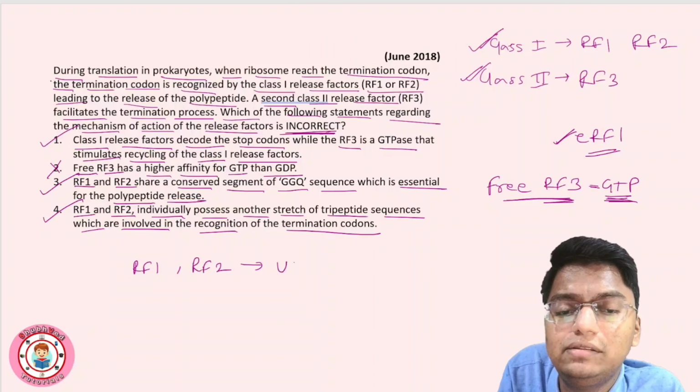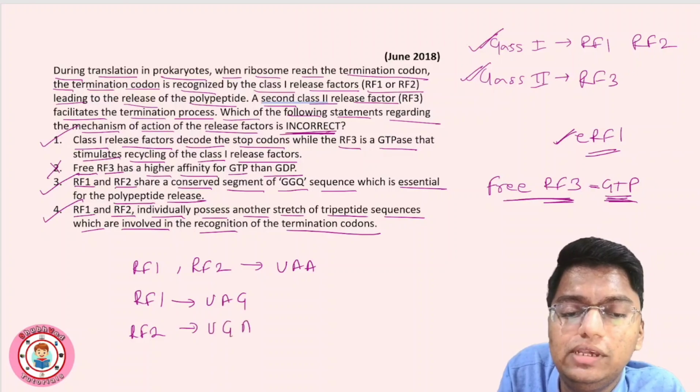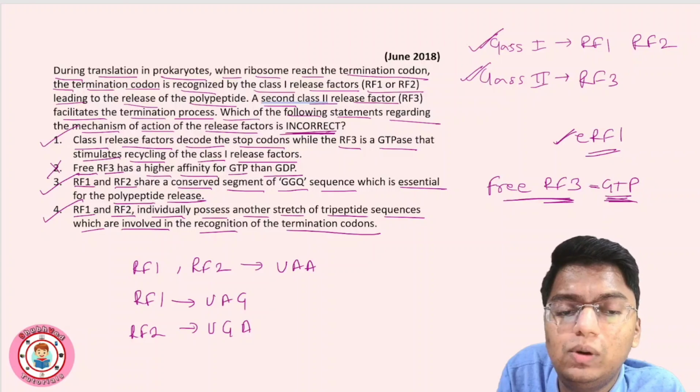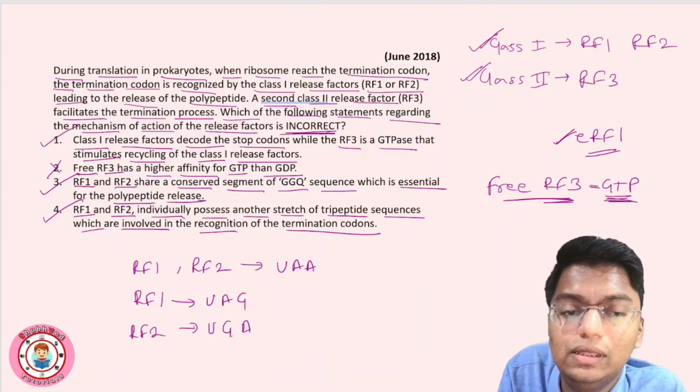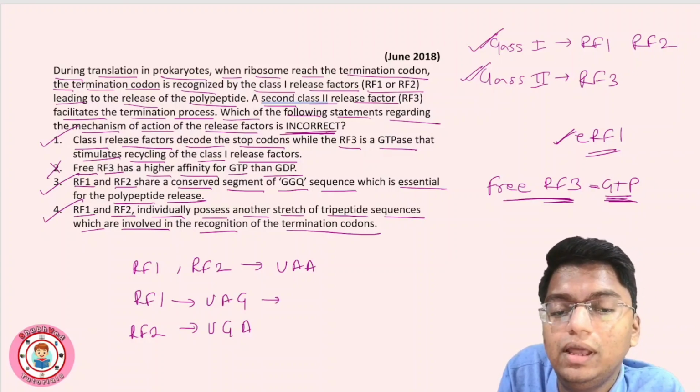So RF1 and RF2 both recognize UAA. Okay, this is a stop codon. Then RF1 recognizes UAG and RF2 recognizes UGA. Okay, they are specific. Now the specific tripeptide sequence that RF1 has is PAT.